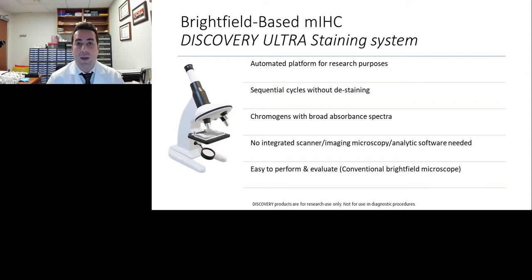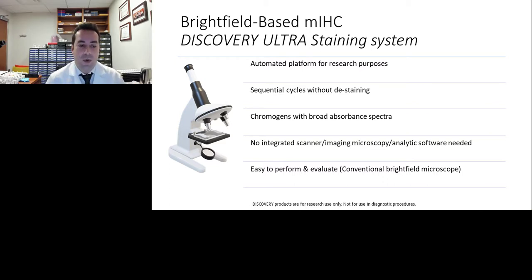It is an automated platform for research purposes, and it works with sequential cycles without extra staining steps in between. It uses chromogens with broad absorbance spectra and doesn't need an integrated scanner, imaging microscopy, or analytic software.